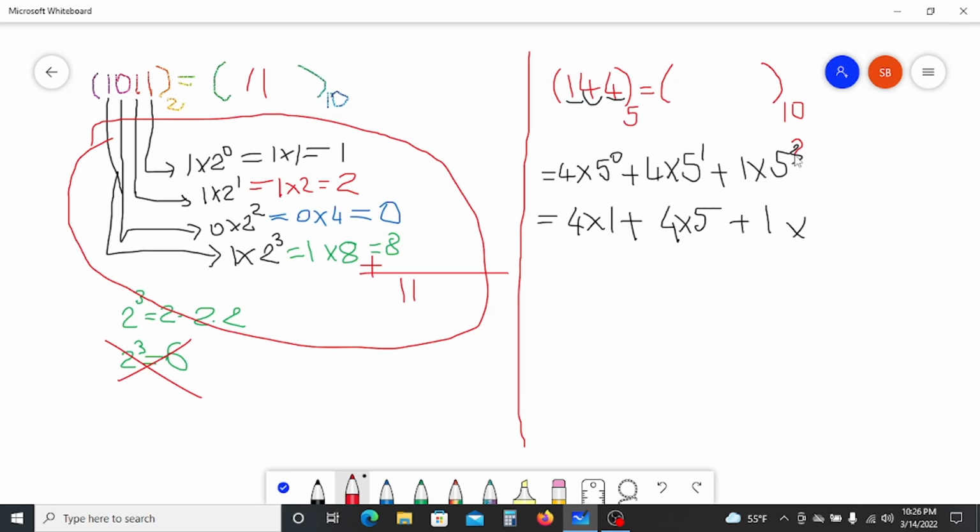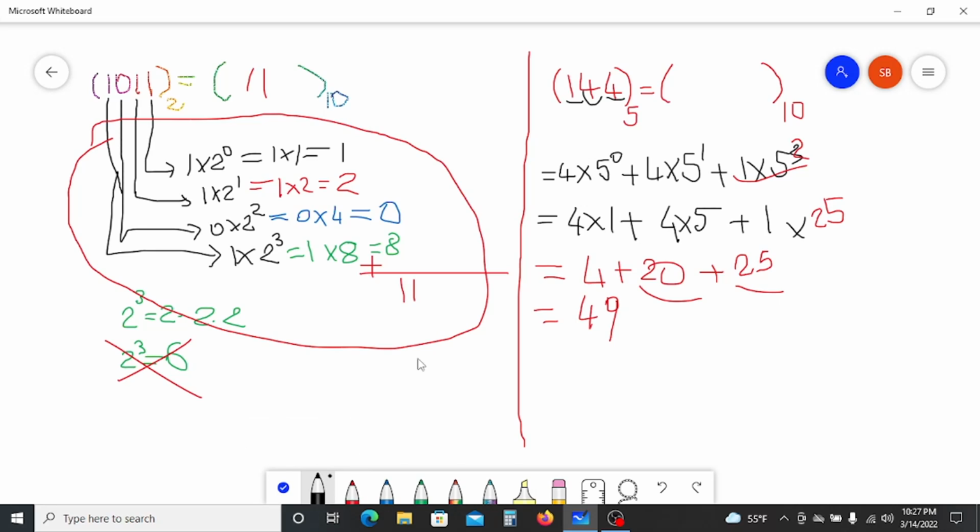This power is 2, not 3. 1 times 5 to the 2 is what? 25. So the result becomes 4 plus 20 plus 25, which is 49.